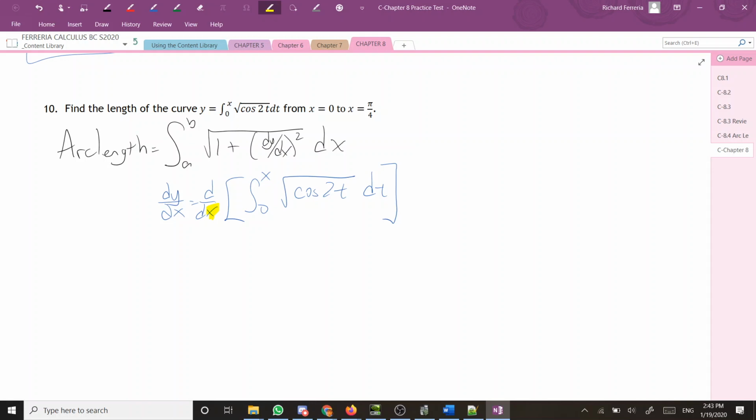This is constant right here. So all we need for the derivative is to substitute our upper limit into our integrand, and we've really done it. So dy/dx is equal to root cosine 2x.